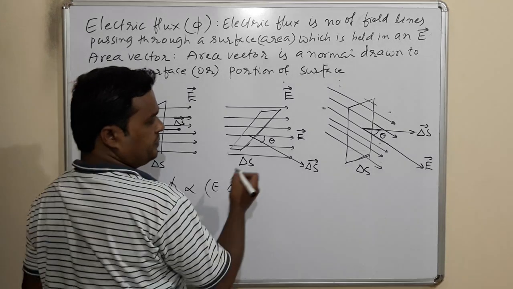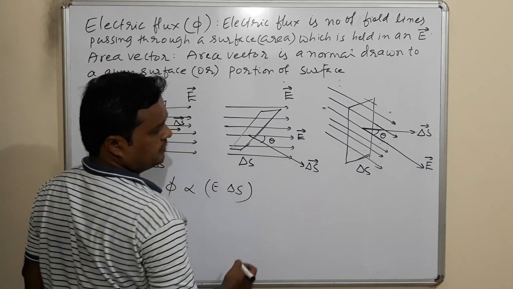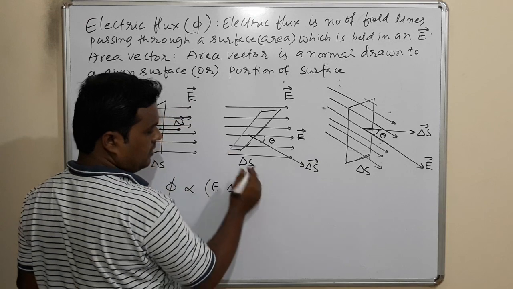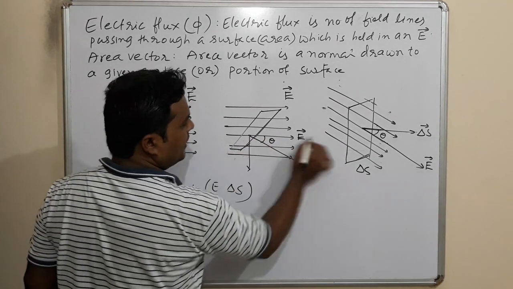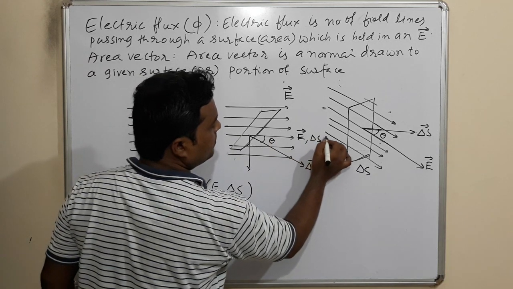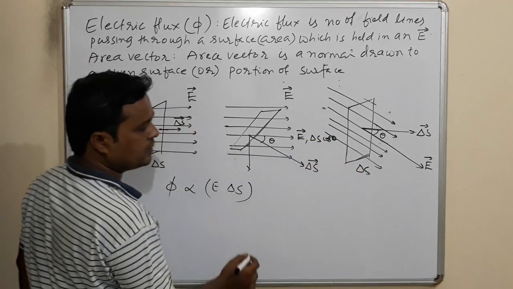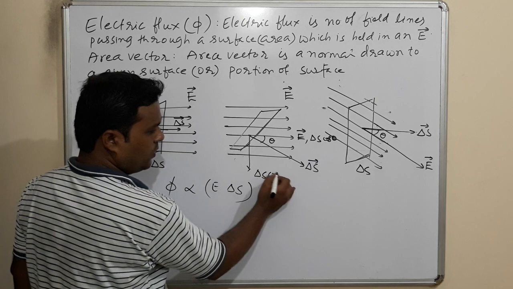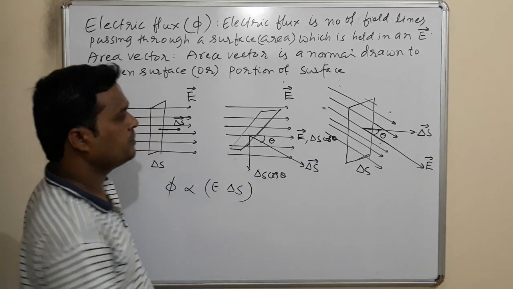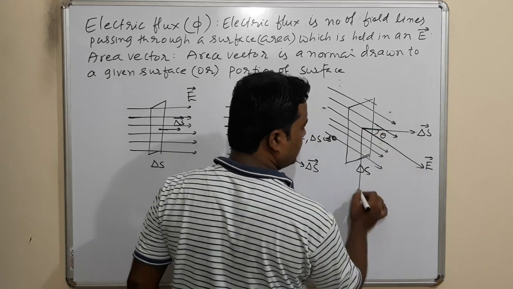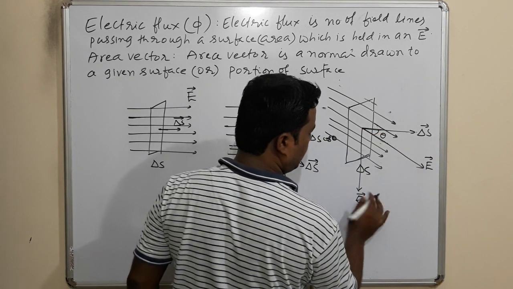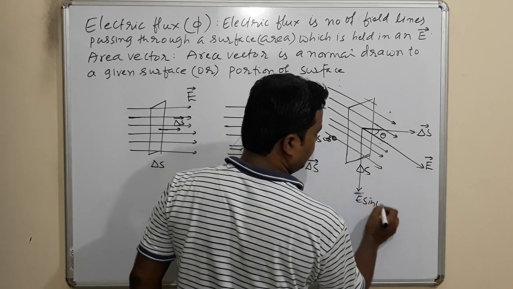That means, if this is delta S, see, if I resolve this delta S into two components, one along the field, delta S cos theta, one perpendicular to the field, delta S sin theta. Here also, if I resolve the electric field like this, the field perpendicular is E sin theta.